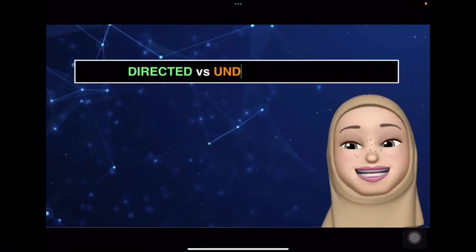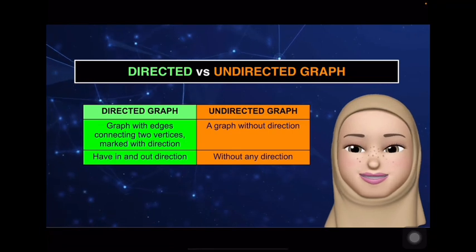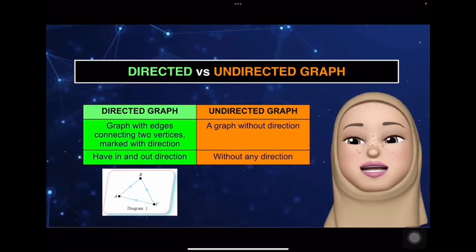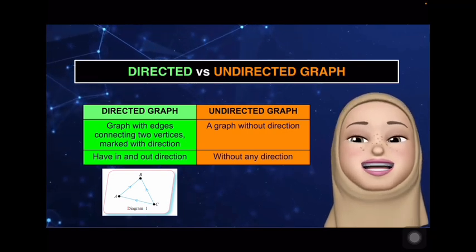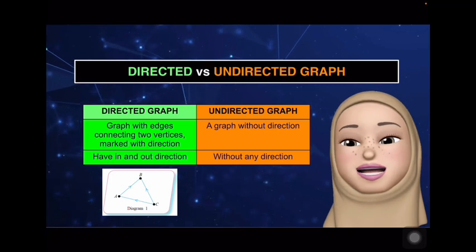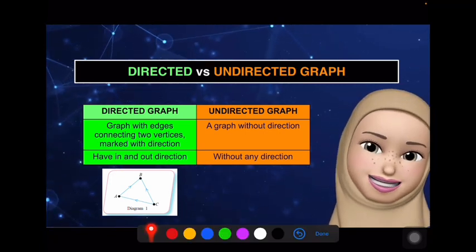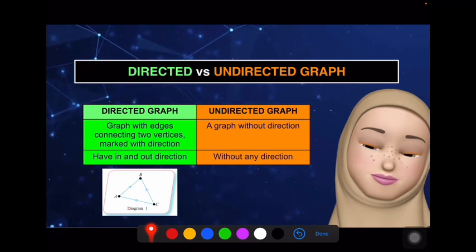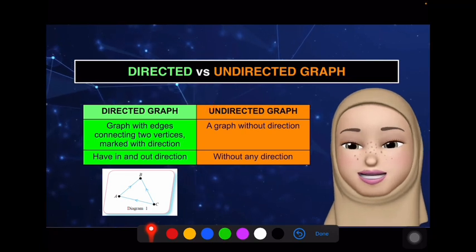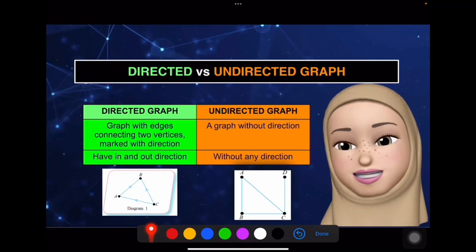Okay, so this is the difference between directed and undirected graph. It's very simple. As you can see here from the table, as you have learned, directed graph is a graph with edges connecting two vertices marked with direction. But for undirected graph, we have a graph without any direction.